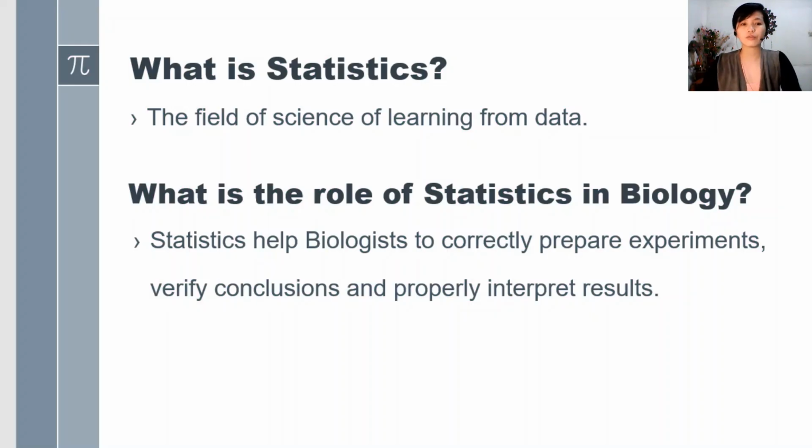What is the role of statistics in biology? Statistics helps biologists to correctly prepare experiments, verify conclusions, and properly interpret the results. In short, biostatistics is the application of statistical principles to questions and problems in medicine, public health, or in biology.